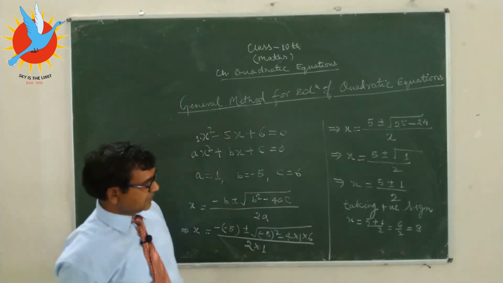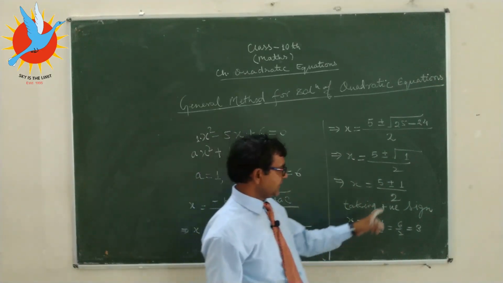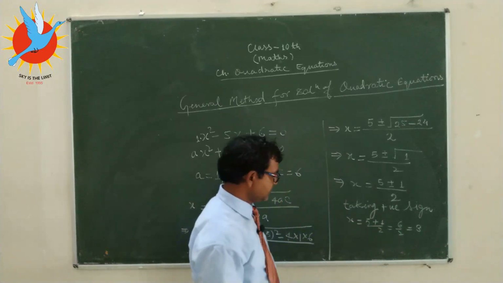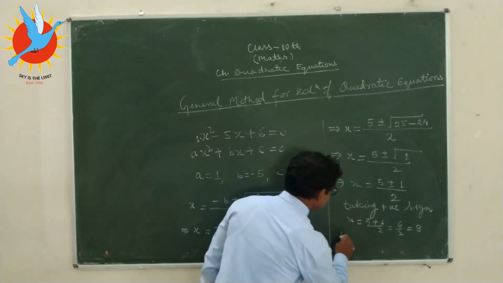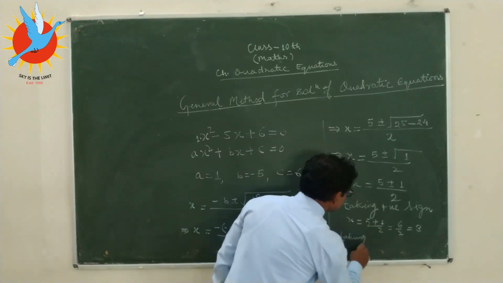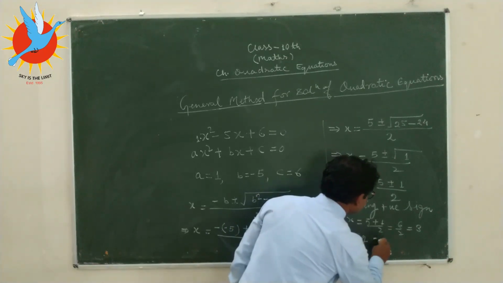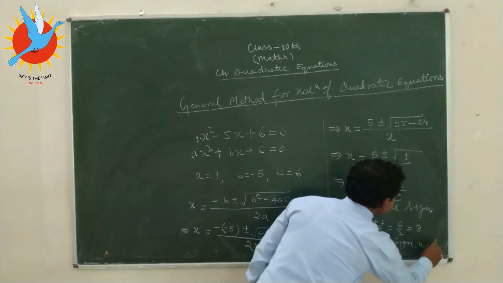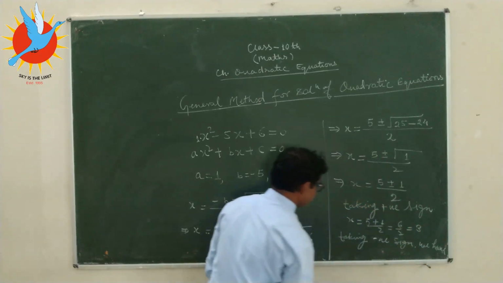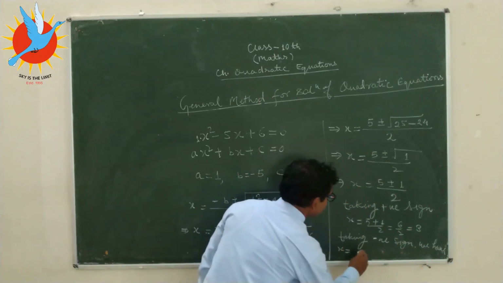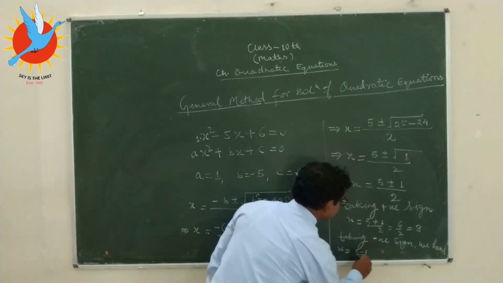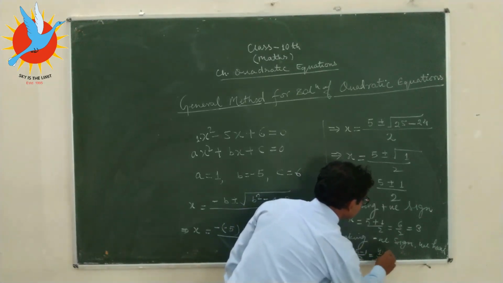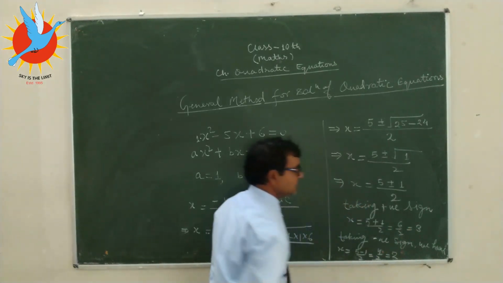Similarly, by taking the negative sign, we have another value of x: x equal to 5 minus 1 by 2, that is 4 by 2 equal to 2.